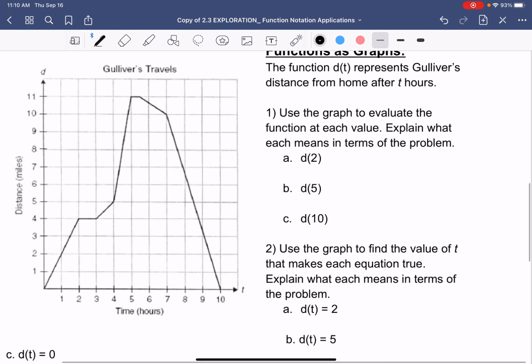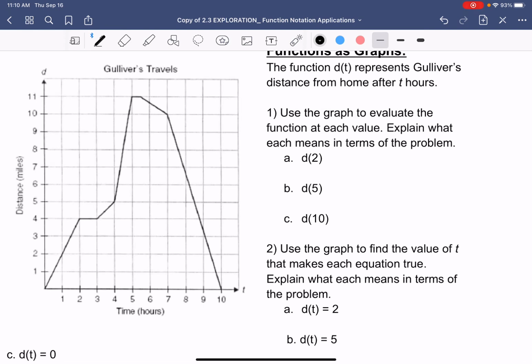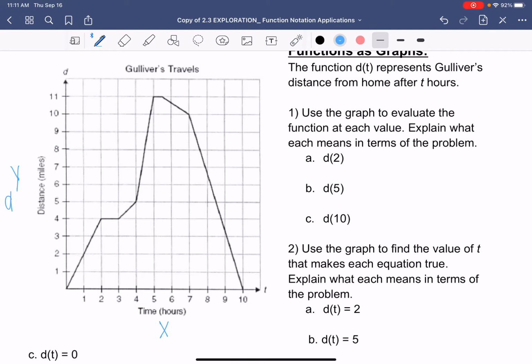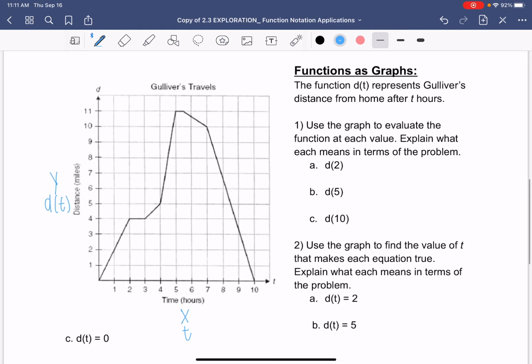We have a graph here. Time equals x because it's on the x-axis, and distance equals y, or D of t. And x means t, by the way. So I want to know D of 2, meaning x equals 2.